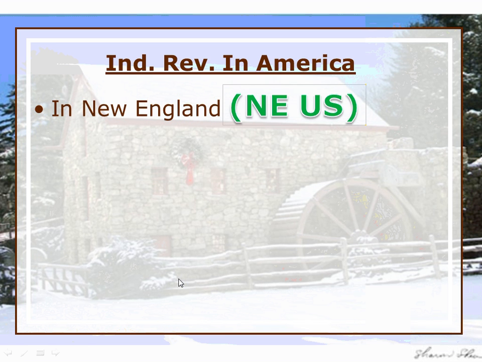What physical feature makes up most of New England and is the reason why there are rivers and streams that you could build these factories on? There's lots of rocks, but can somebody name the physical feature that's there?